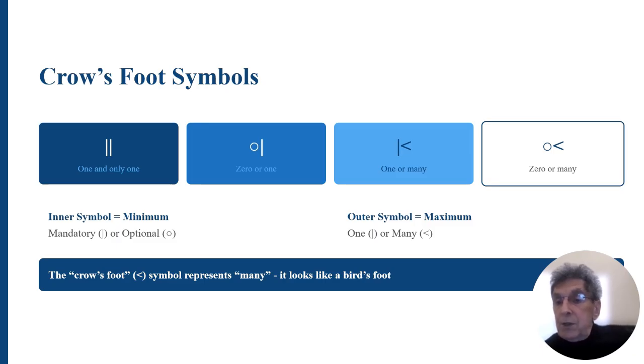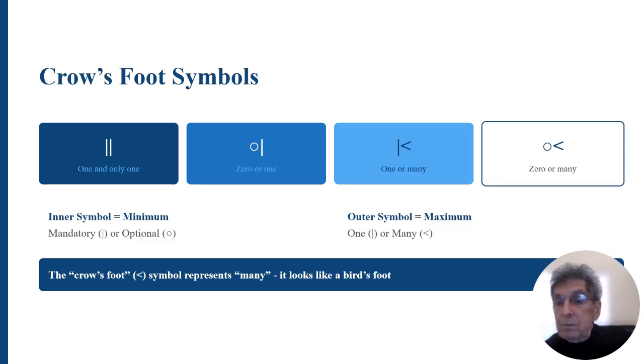The symbol has 2 parts, an inner part, closer to the entity, showing the minimum, and the outer part showing the maximum. The 2 vertical lines: 1 and only 1, minimum 1, maximum 1, the mandatory single. Circle and line, the O with a vertical bar: 0 or 1, minimum 0, maximum 1, optional single.